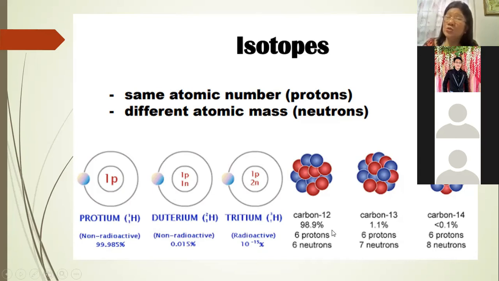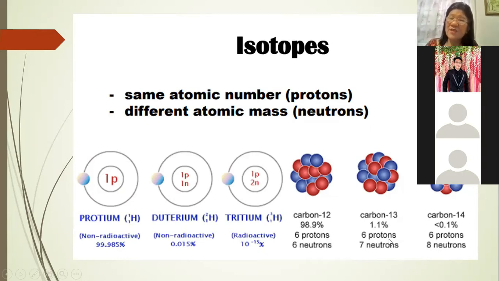Carbon has 2 isotopes, carbon-12 and carbon-13. As we already know, carbon has atomic number 6. Same with carbon-12, but your atomic mass here is 12. Therefore, 12 minus 6, you have 6 neutrons.